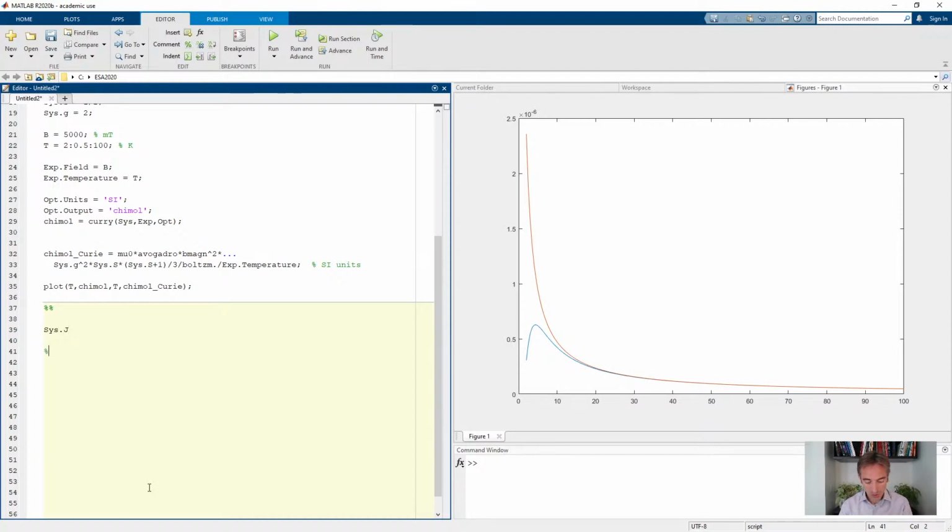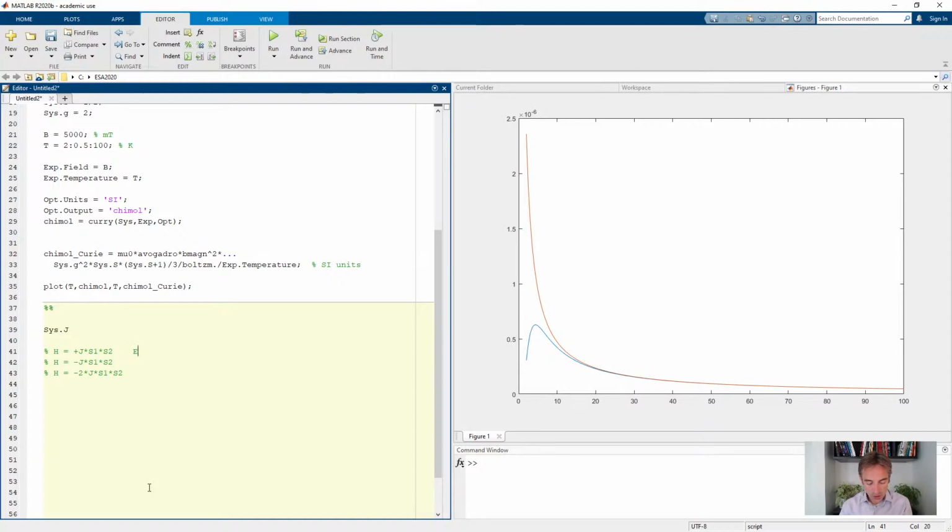So for example, it could mean H equals plus J times S1 times S2. It could mean H equals minus J times S1 times S2, or it could be minus 2 times J times S1 times S2. So depending on the convention, of course, for a given J, you will get a different Hamiltonian.